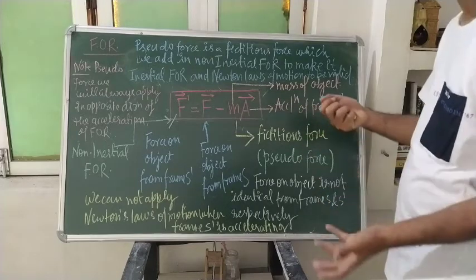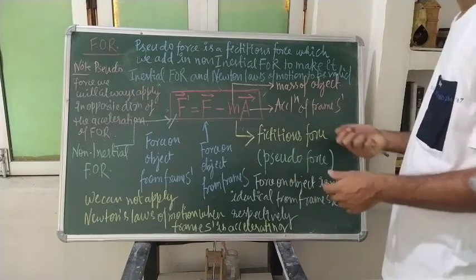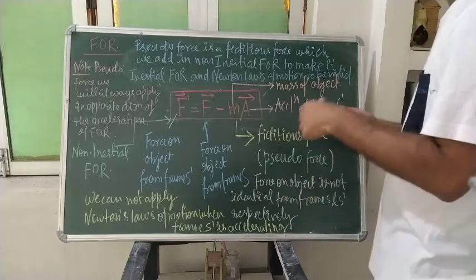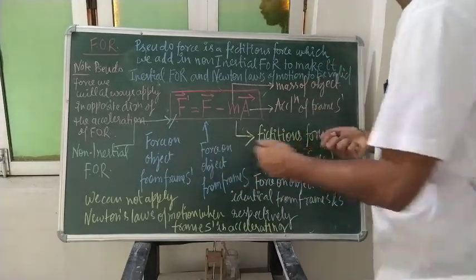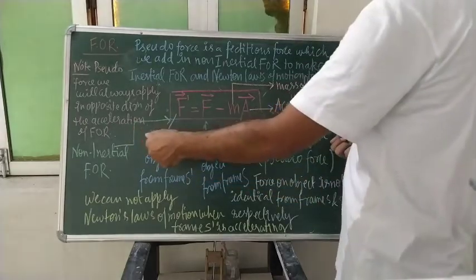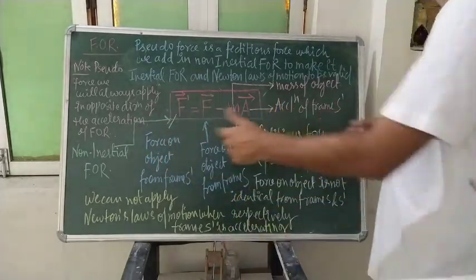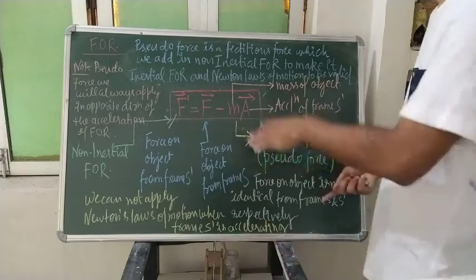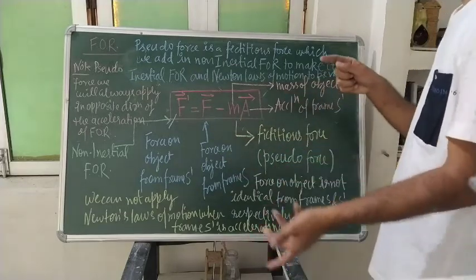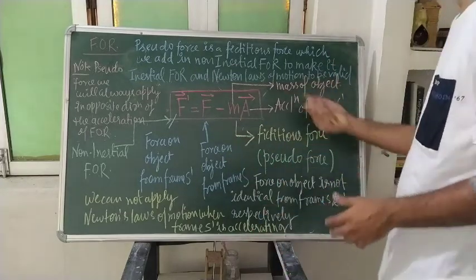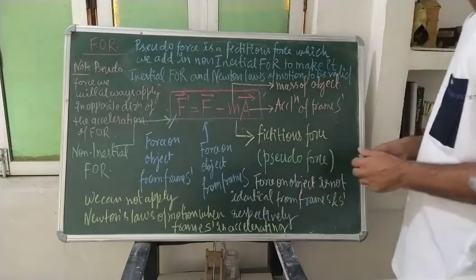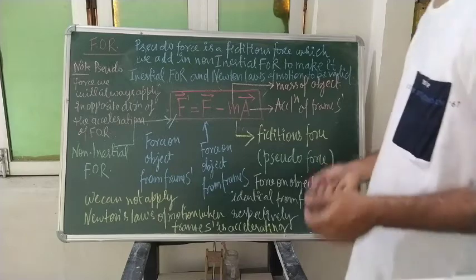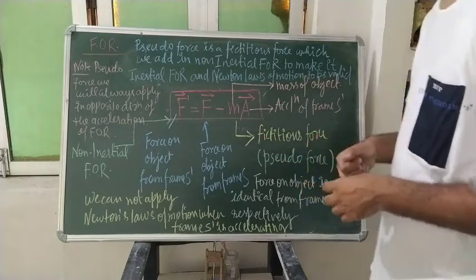So in that, if we apply a pseudo force in opposite direction, that force will get balanced out, and that non-inertial frame of reference will become inertial frame of reference, and we can apply the Newton's laws of motion in that. So from here we will get the idea of pseudo force.